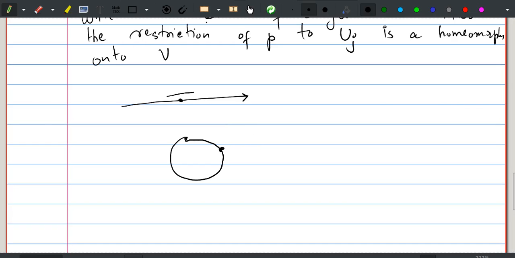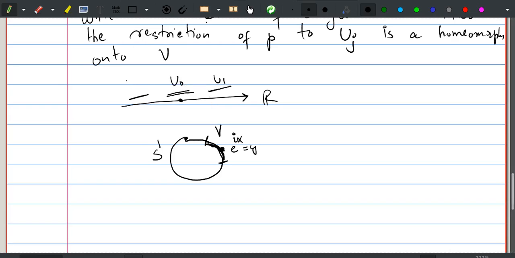We take a point here which is e to the power i alpha, our point y, and we take an open neighborhood of this point, which is V. Now the inverse image of this V is these intervals: this is U0, here U1, here U minus 1.